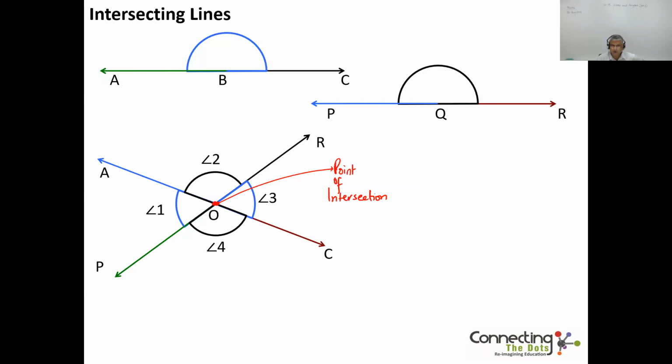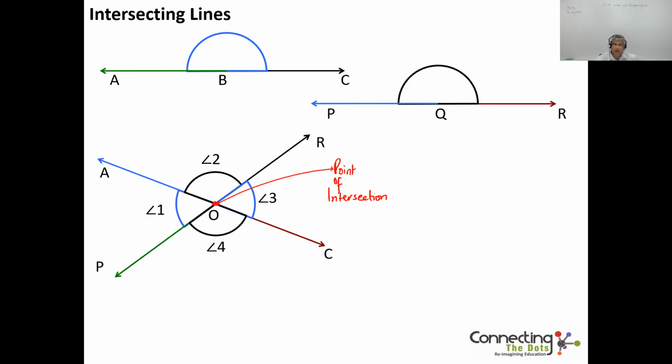So at a point of intersection, there are 4 angles created. All right, but you were already told that AOC and POR are straight lines. And I have named the angles 1, 2, 3, 4. So how many linear pairs of angles do you see? Actually, there are 2 straight lines, so we will take one by one. All right, so let's take the first one.